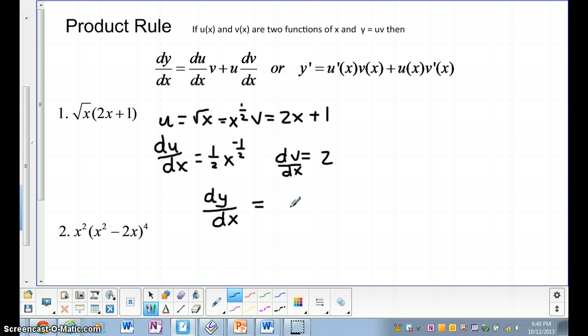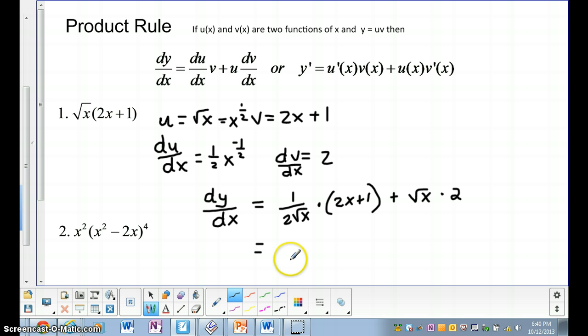So our derivative of u is 1 over 2 times the square root of x, and that's just moving this exponent down, times our v, plus our u times our derivative of v. So that would be the square root of x times 2.